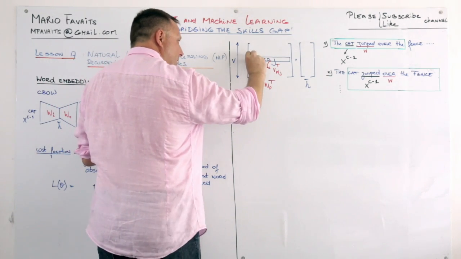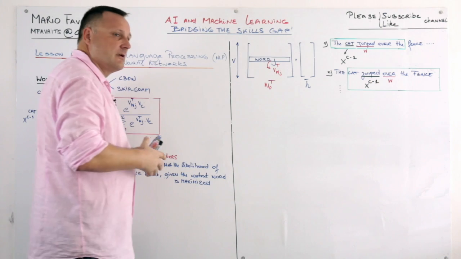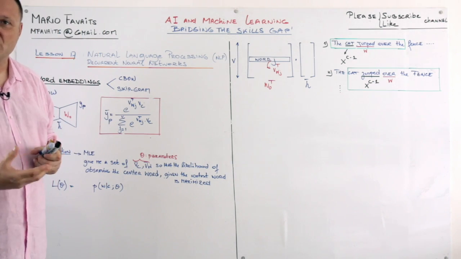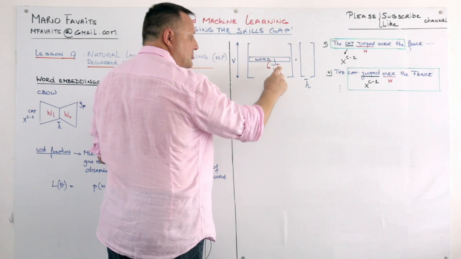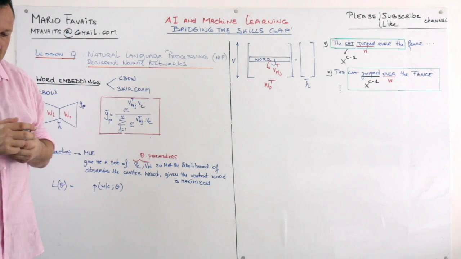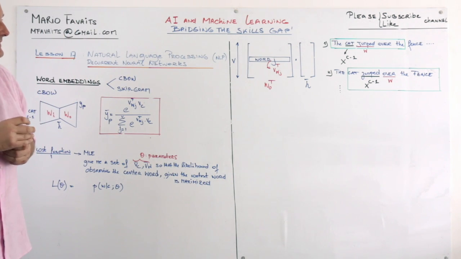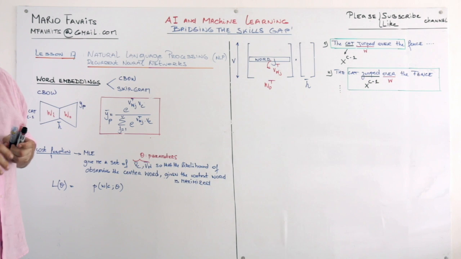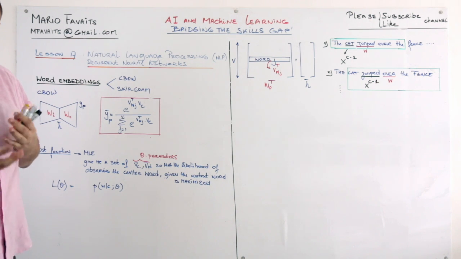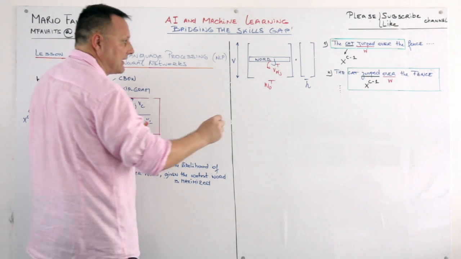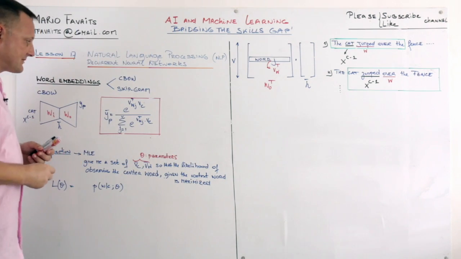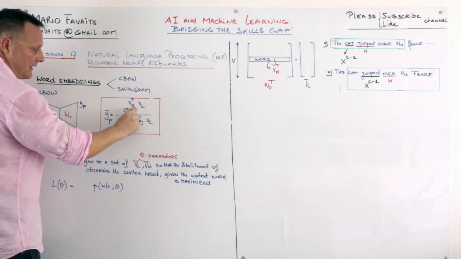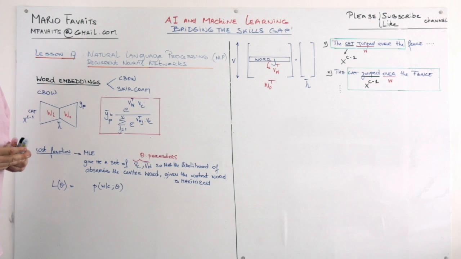So we take out one word, the word at index j, and call this Vw transpose. In the formula we do exactly the same.